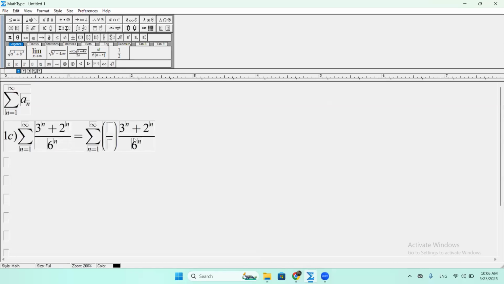1 over 2 in power of n plus 1 over 3 in power of n. And we can write it down as a sum of two series.